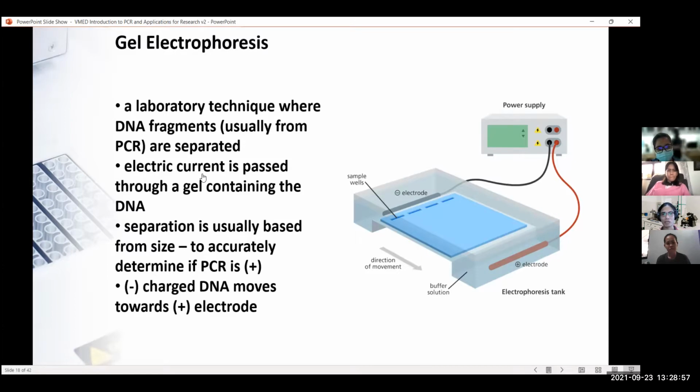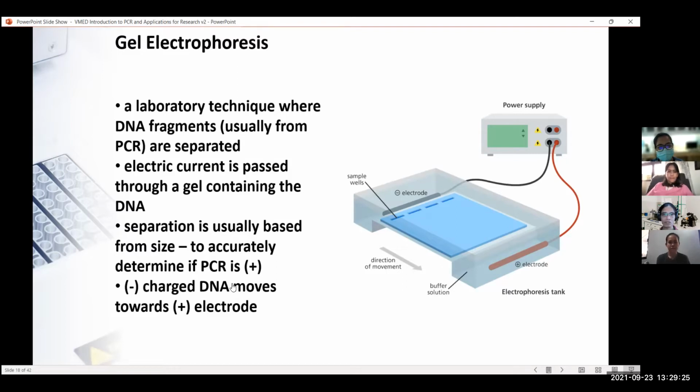So you pass an electric current anywhere between 110 to 120 volts across the gel containing the DNA. This is composed of agarose, the gel, and you have wells where you drop the DNA, and afterwards you apply an electric current for anywhere between 20 to 45 minutes. Then separation is usually based on size. Then this will accurately determine if the PCR is positive.